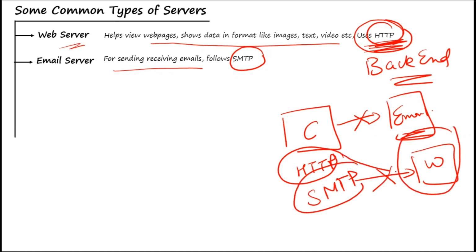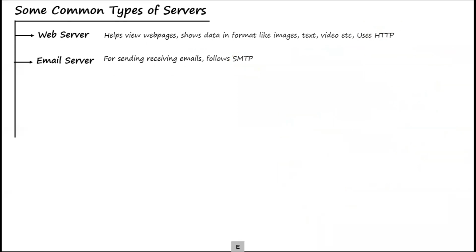If this request comes, this gets accepted because HTTP is a request that the web server allows to pass. So always remember to use the right protocol and target the right server when sending a request.